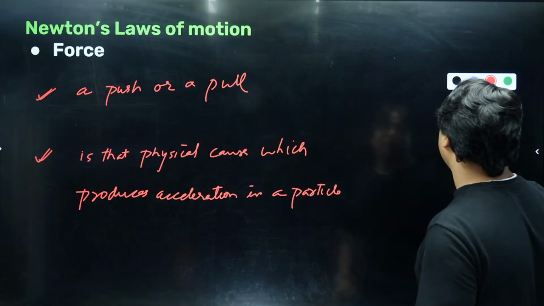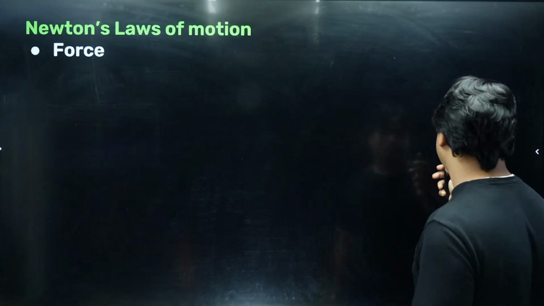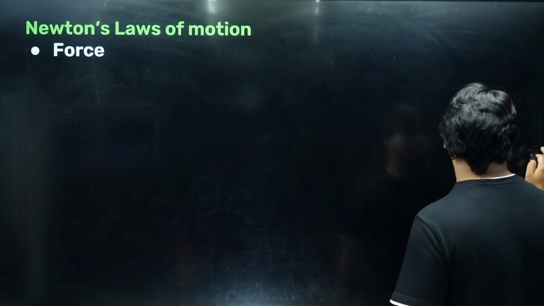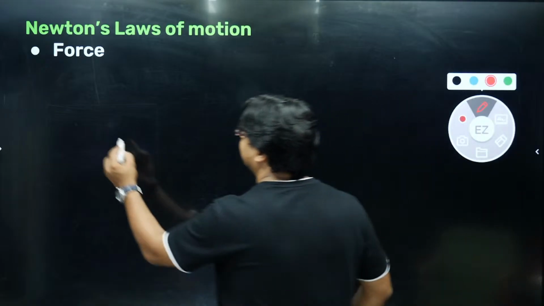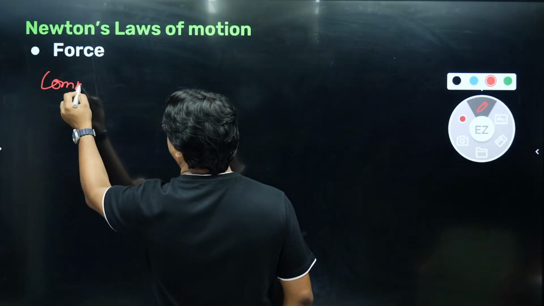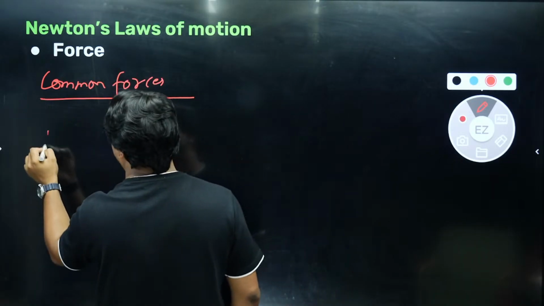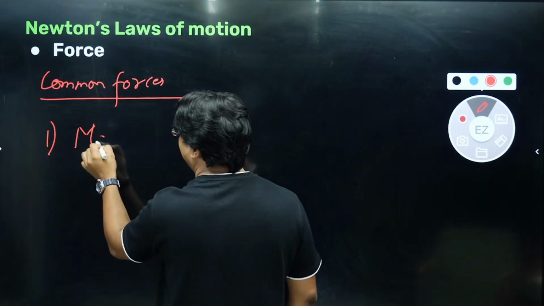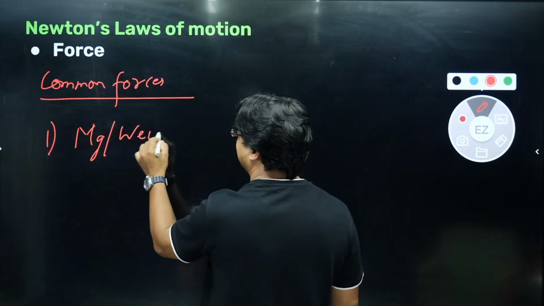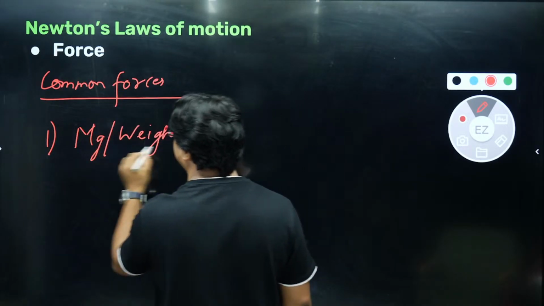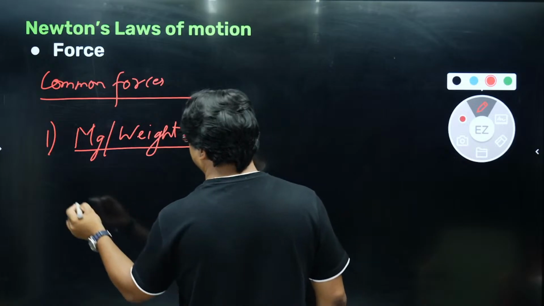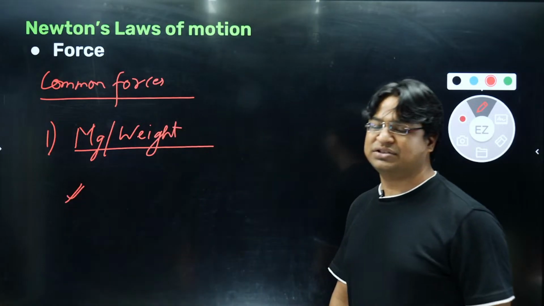Now, if I talk about the common forces that we have to deal with, I'll start with the most common one, mg, or the weight. This is the most common force that we would be dealing with. So let's talk about this force. First of all, who exerts this force?